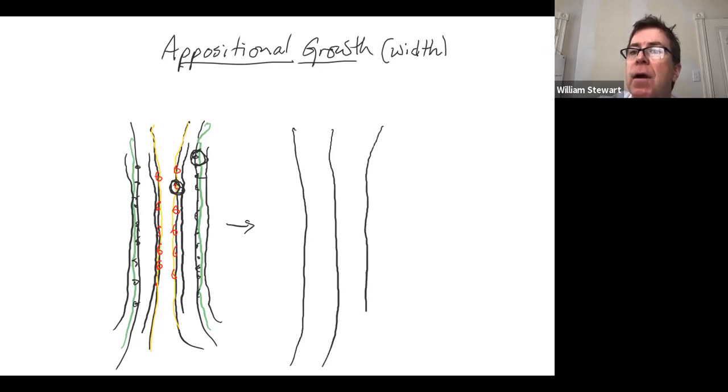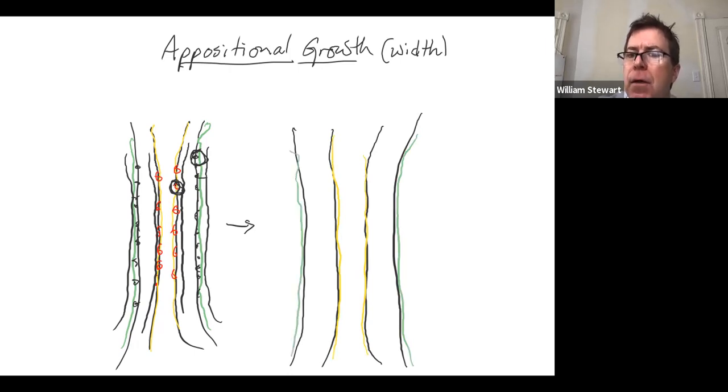We get a bone that's larger in diameter. This is the medullary cavity lined with endosteum. This is the periosteum on the outside. So we get a much larger bone in diameter. And please note, the medullary cavity is bigger as well.